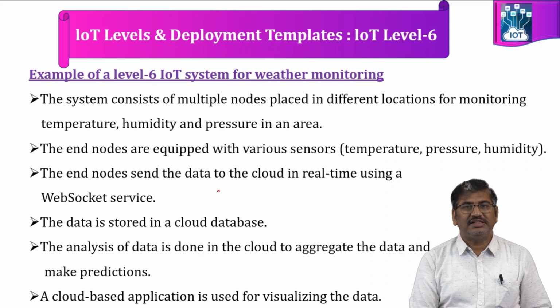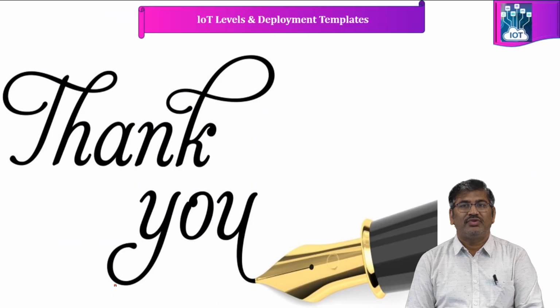The end node sends the data to the cloud in real time using a WebSocket service. The data is stored in the cloud database. The analysis of data is done in the cloud to aggregate the data and make predictions. A cloud-based application is used for visualizing the data.